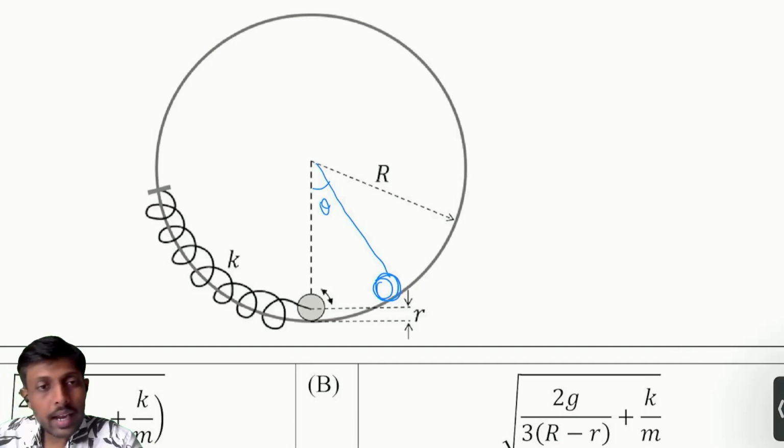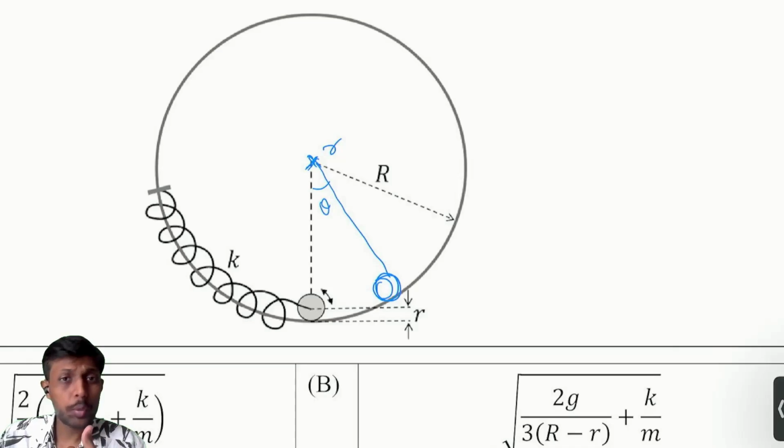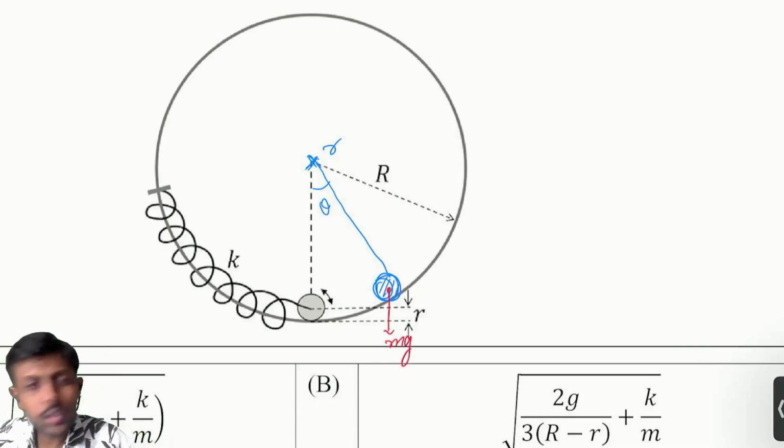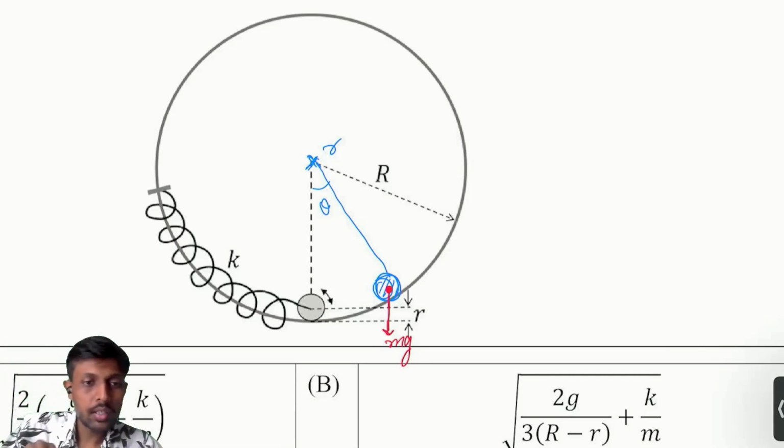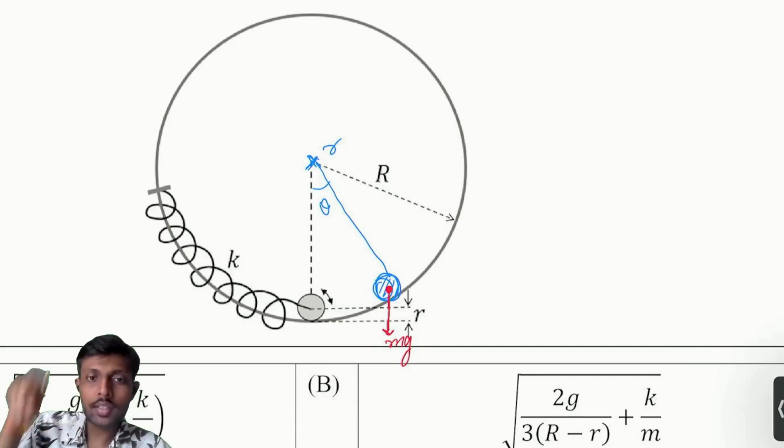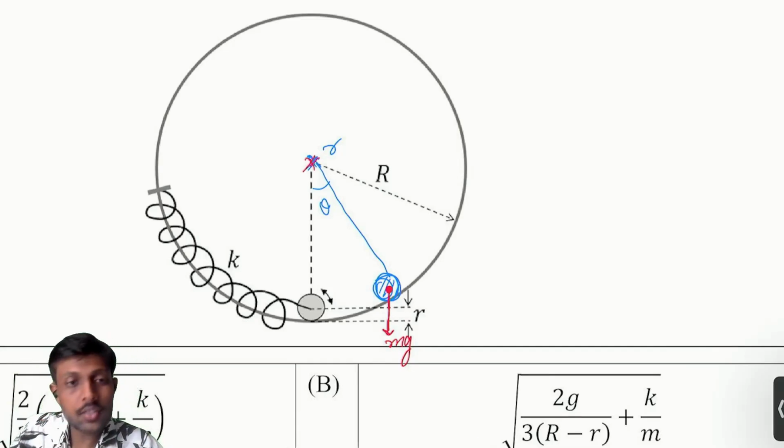The forces that would be responsible for torque about this axis would be only two. One would be the gravitational force, and the other would be the spring force, the restoring force of the spring. Mg acting downwards is going to produce some torque in the clockwise direction about this axis of rotation.